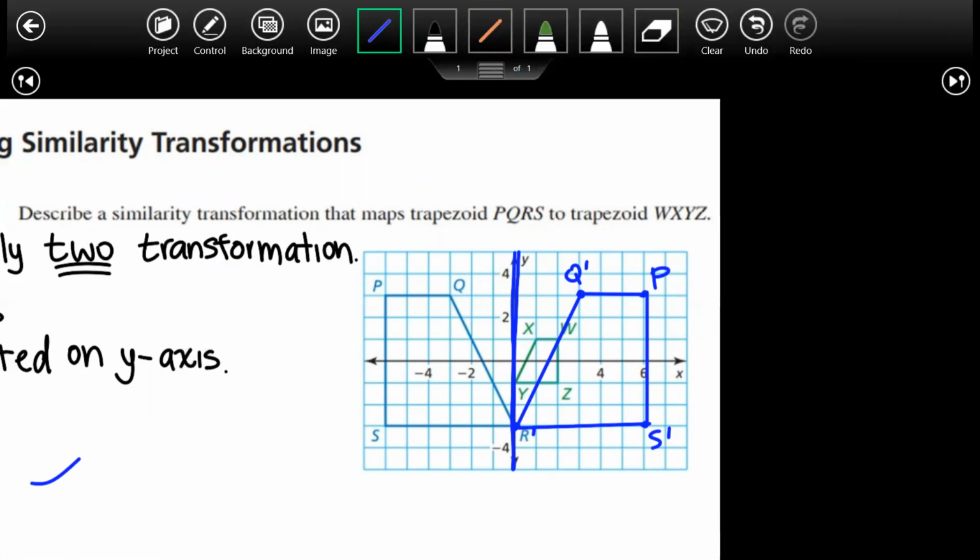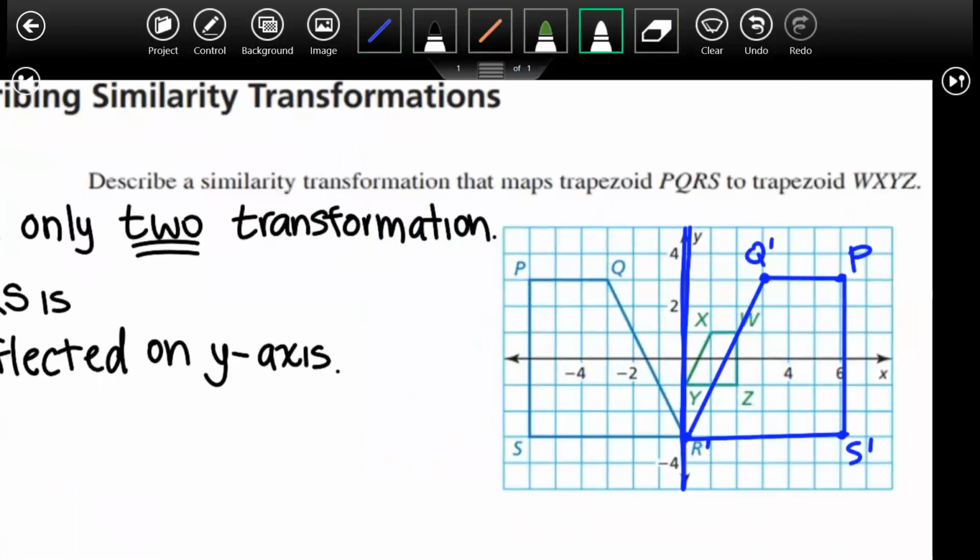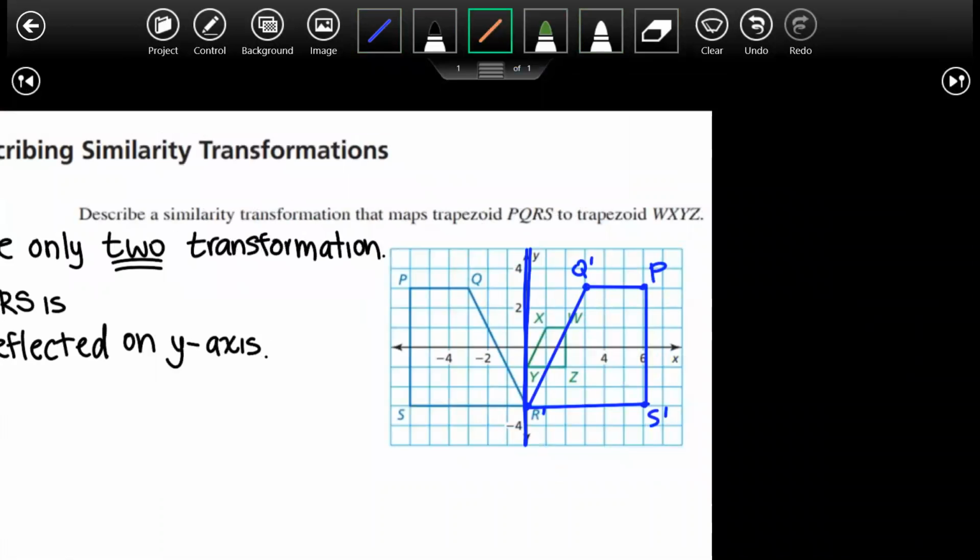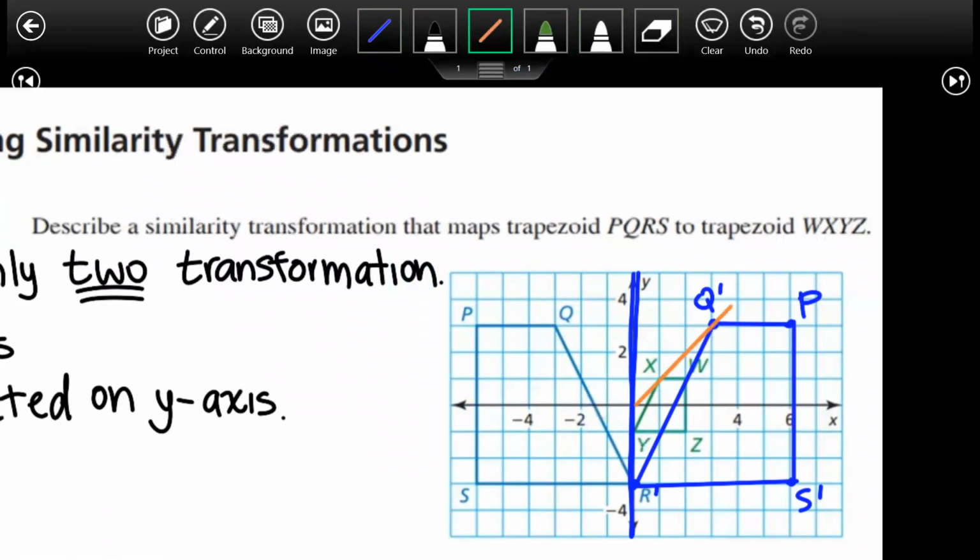What's going to help you guys out with the second stage is being able to tell me the center of dilation. It's going from bigger to smaller, so we're definitely having a dilation here. It would help if you put the points through. X corresponds with Q. W corresponds with P. Z corresponds with S, and Y corresponds with R. It is definitely a dilation, centered about the origin.